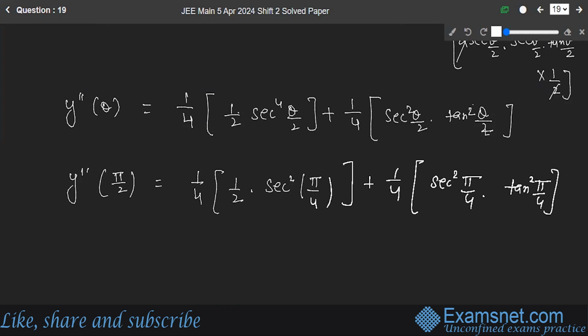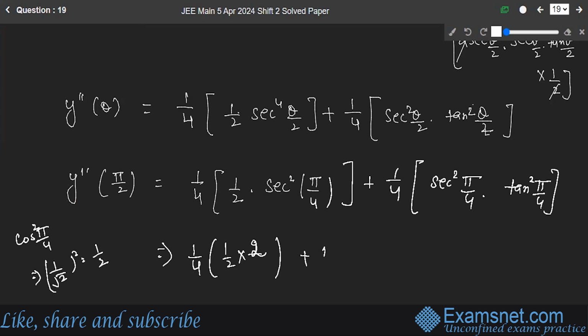Cos pi by 4, that is equal to 1 by root 2. So its inversion will give me 2. You have cos pi by 4 is equal to 1 by root 2. So its square will give you 1 by 2. And secant is inverse of cos. So this will give me this. 1 by 4, this is 2, and tangent of pi by 4, this is equal to 1.